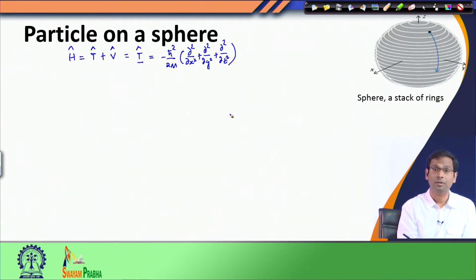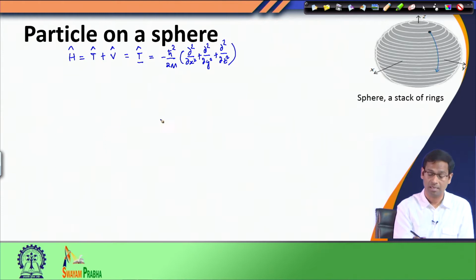That is because the particle can move all over the sphere, so x, y, z are variables that will simultaneously change. This kinetic energy operator would have been adequate if we were discussing a particle in a cube or a cuboid. However, since the particle is moving on a sphere, you would like to convert this kinetic energy operator from Cartesian coordinates to spherical coordinates.